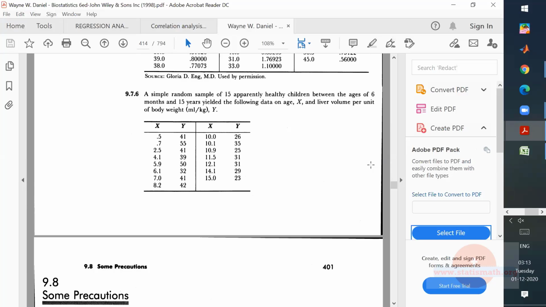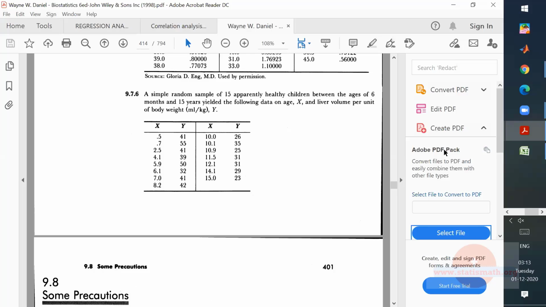So age is independent here because the child's age is independent, but the liver volume per unit of body weight is the dependent variable y. So as x increases, y decreases. That's why there is a negative correlation between these two.